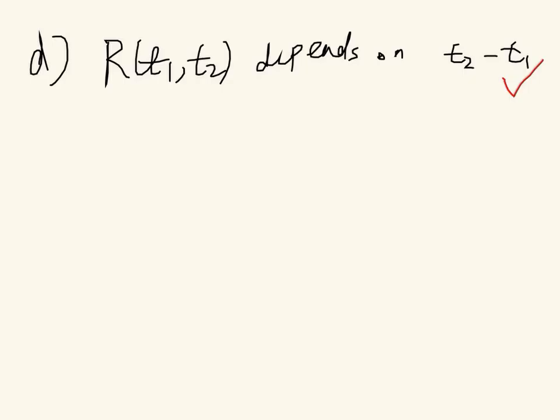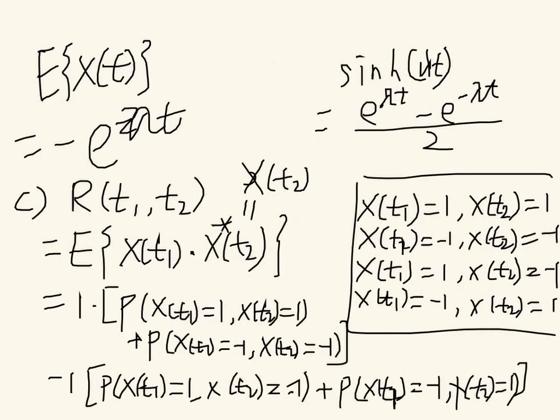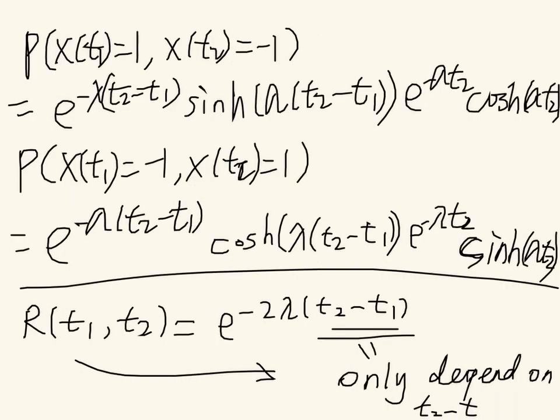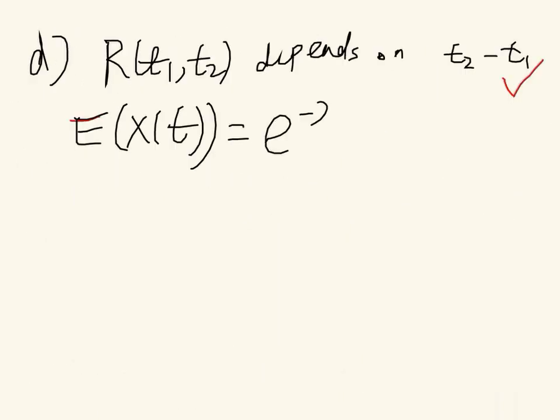but the expected value of X(t) is equal to minus e to the minus 2 lambda t.